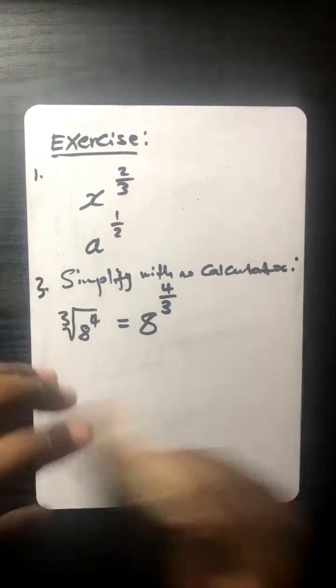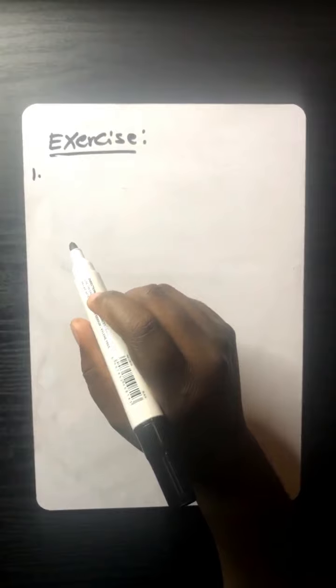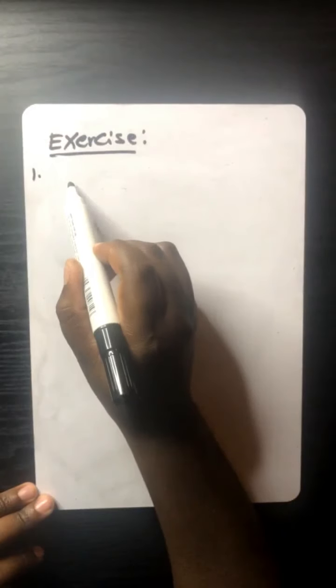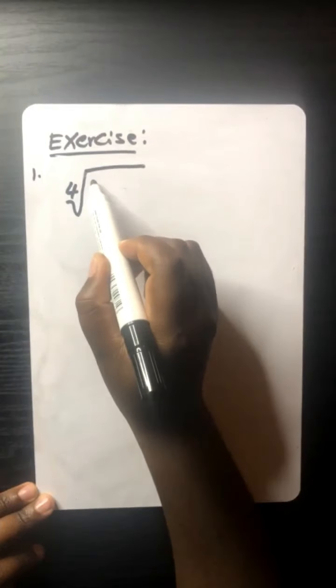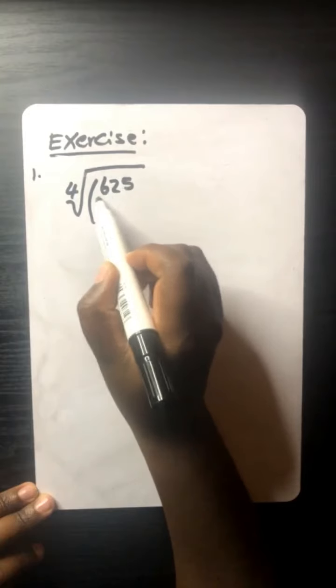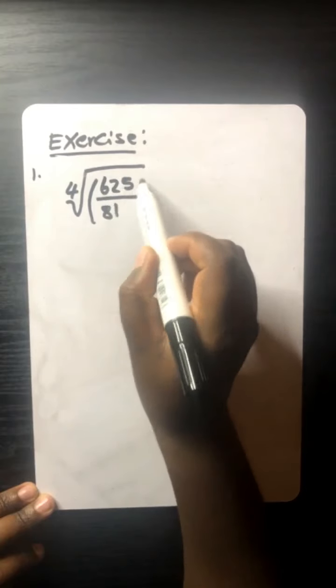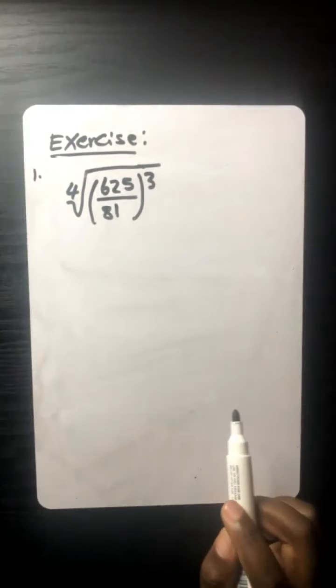Okay, let me write this one, even though it looks a bit complicated, but I think it's going to be a great exercise so that you've got an idea of exactly where we are going with this type of problem. So imagine we've got the fourth root of, in brackets, 625 over 81, all of that to the exponent 3.